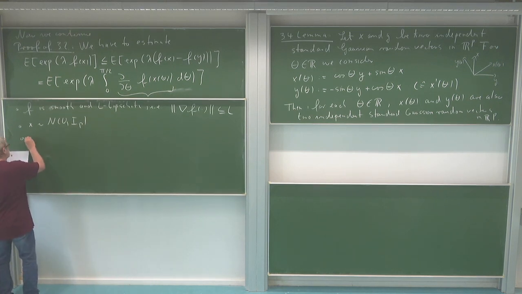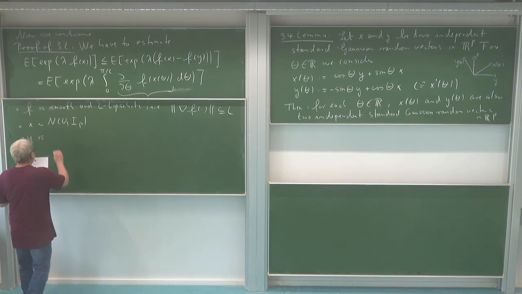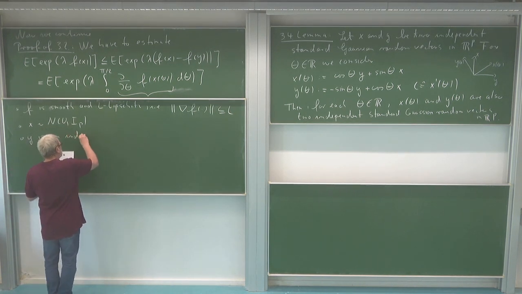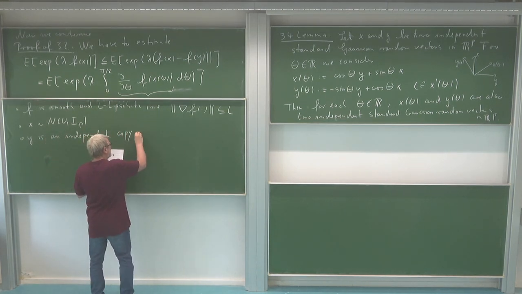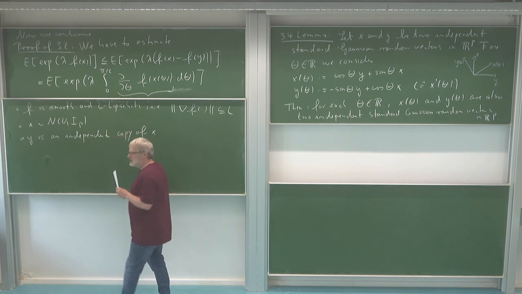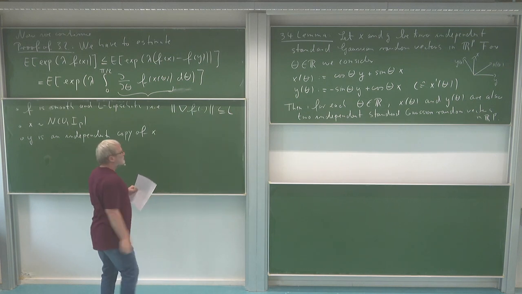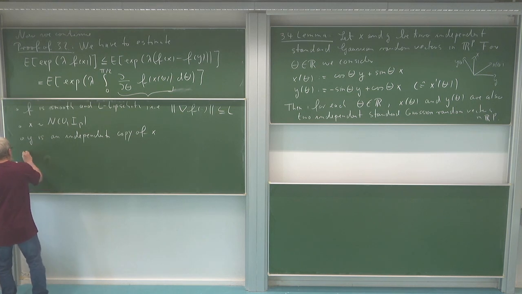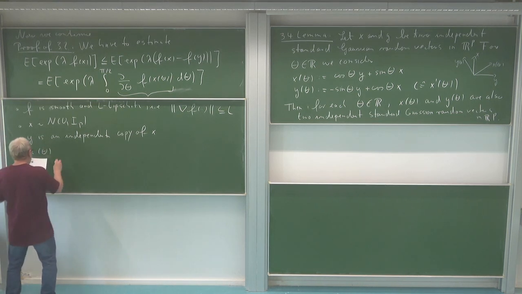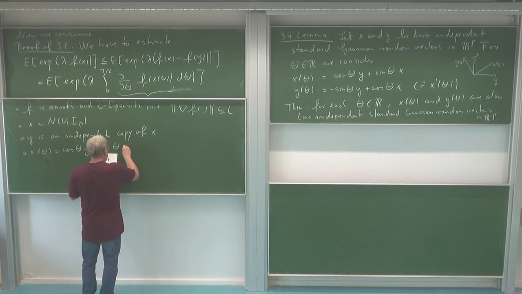So y is just introduced for the purpose of the proof. So y is an independent copy of x, and then here we introduce this interpolation between x and y by introducing x theta as cosine theta y plus sine theta x.